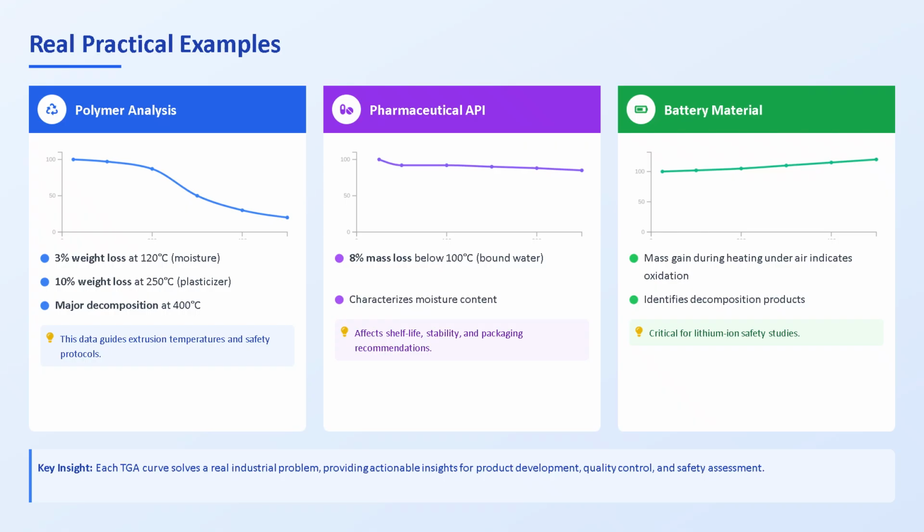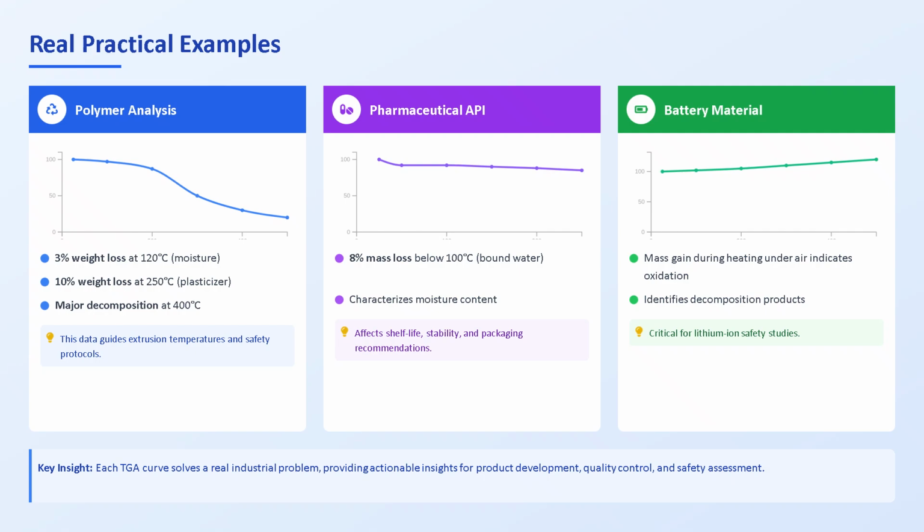Let's look at a few practical examples. In polymers, a small weight loss at low temperature could indicate moisture, while a larger loss at mid-temperature may reveal plasticizers. And full decomposition at higher temperatures defines the material's thermal limit.